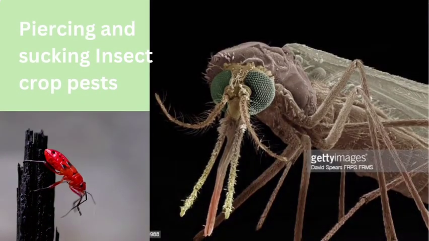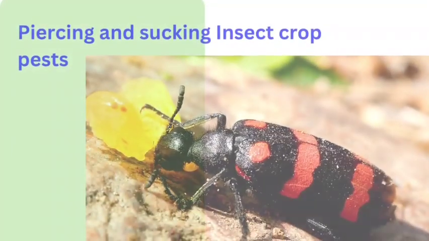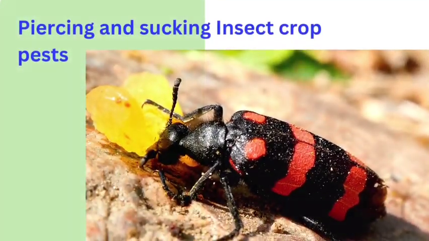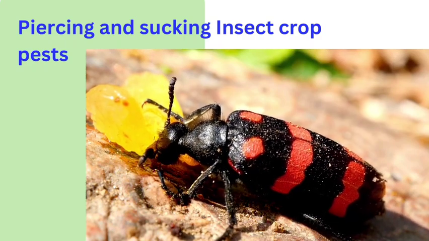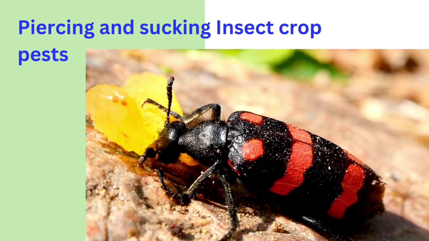Now the next one is the piercing and sucking insect pests. They are characterized by a mouth part known as proboscis. The proboscis is usually used to suck out plant fluids from the stems of plants.